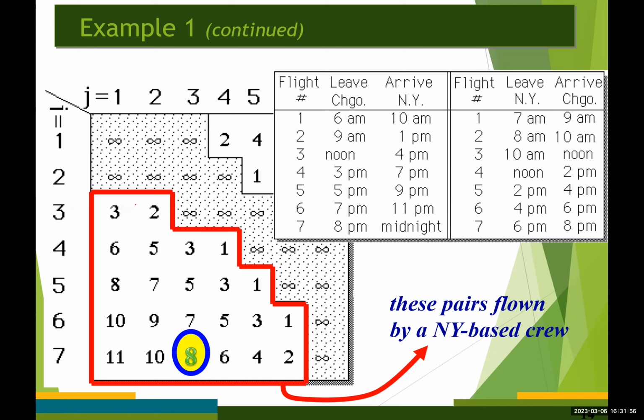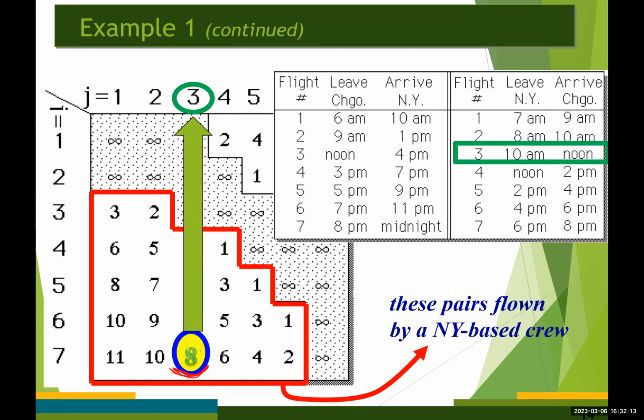Okay, then let's try to get one more. Let's think about how we can get this layover time of 8 hours. So first, he takes flight number 3 to Chicago, so he will arrive in Chicago at noon.